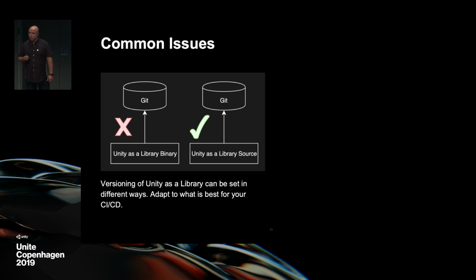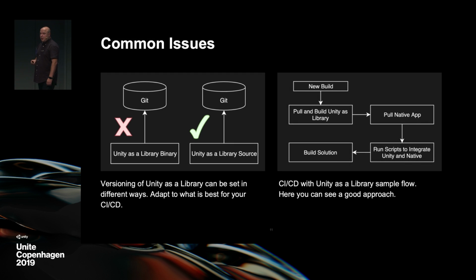This makes your life difficult, you lose time, and it creates a lot of overhead managing these binaries inside your source code. I saw many developers pushing the Unity as a library binary into their native project source code. This is not the way to go, because when you try to make any kind of integration on your local machine or any build server you may have, it's important to always use the source code instead of the build binary, so you always have the latest features.